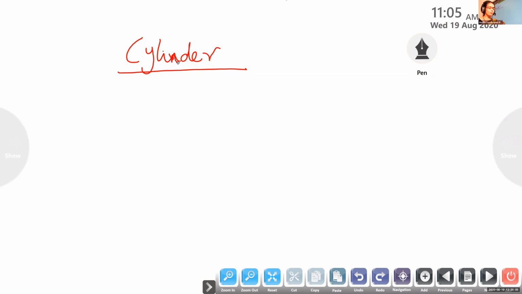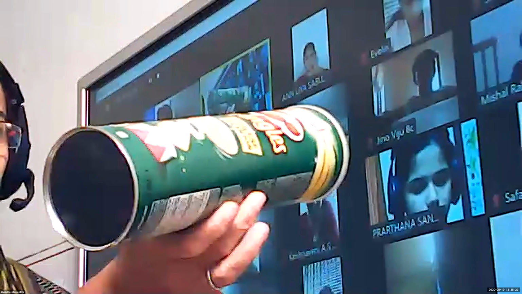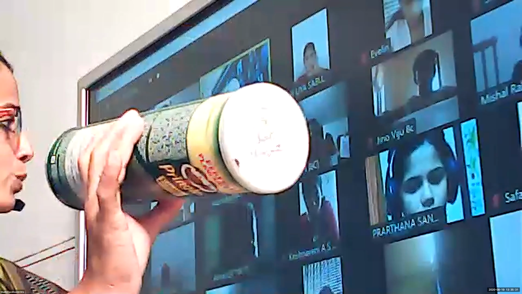Okay, Michelle, how many faces are there for a cylinder? Three faces. Krishnaveni, how many faces are there for a cylinder? Ma'am, 2. Devika? 2.